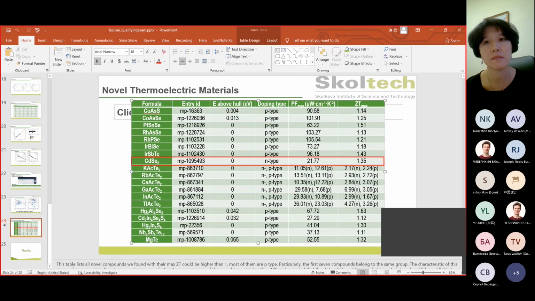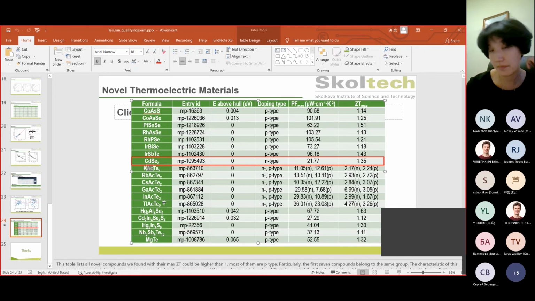From physics, it's because it has a relatively good electronic conductivity and very low lattice thermal conductivity. I think it's because they contain actinium atoms. It's a radioactive atom, and it makes the crystal have very strong anharmonicity.